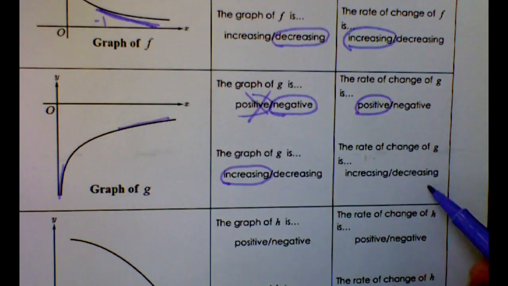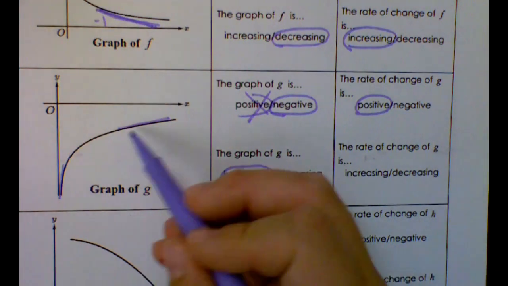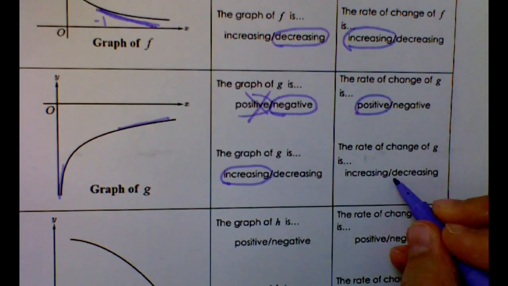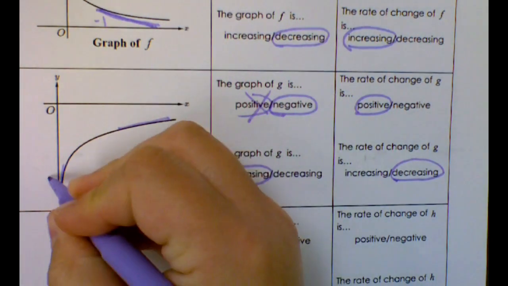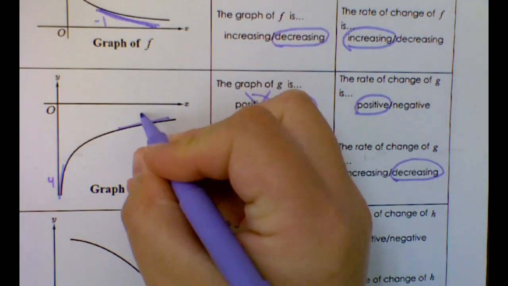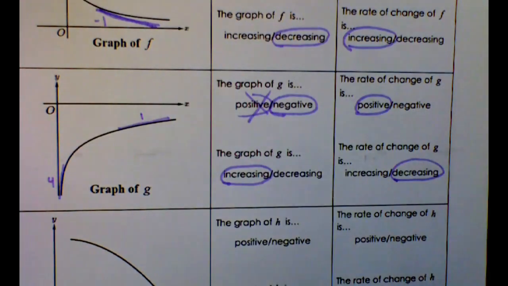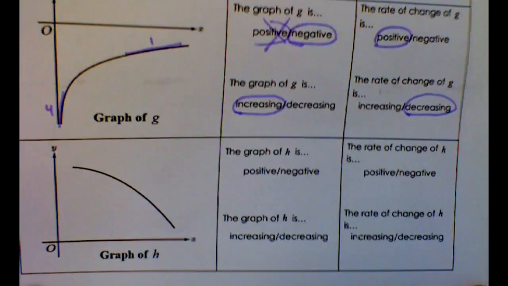And the rate of change is increasing or decreasing. Remember, that's asking about the concavity. Is it concave up or concave down? This one's concave down, which means our rate of change is decreasing. Think about our slopes here. This slope might be 4, and this slope might be 1. Those slopes are decreasing left to right.